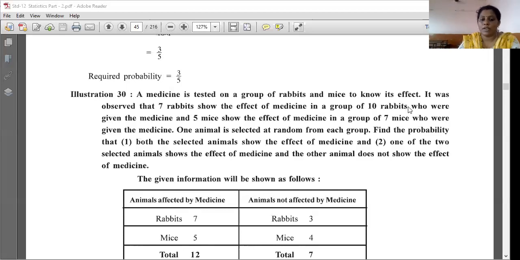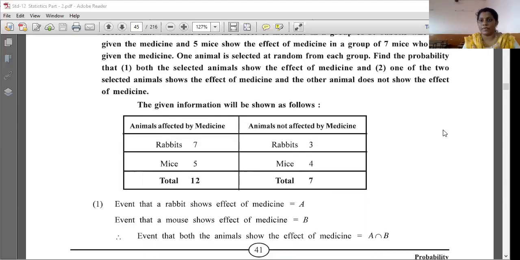Okay. Now for all the details here, so many confusions are there, so they have given them in a table. With this table we have to prepare, like the given information will be shown as follows: animals affected by medicine and animals not affected by medicine. Okay, so rabbits 10, so 7 affected and 3 not affected, total 10.